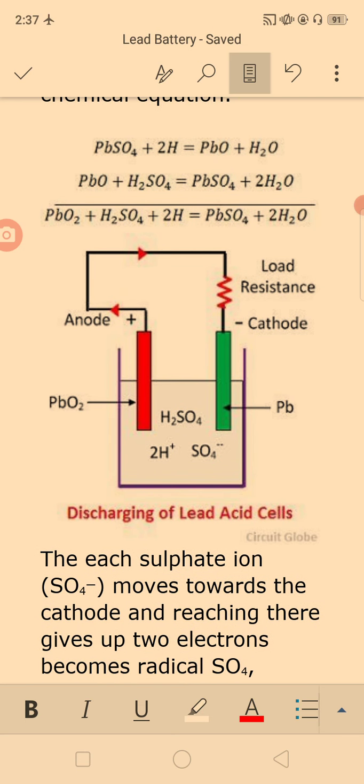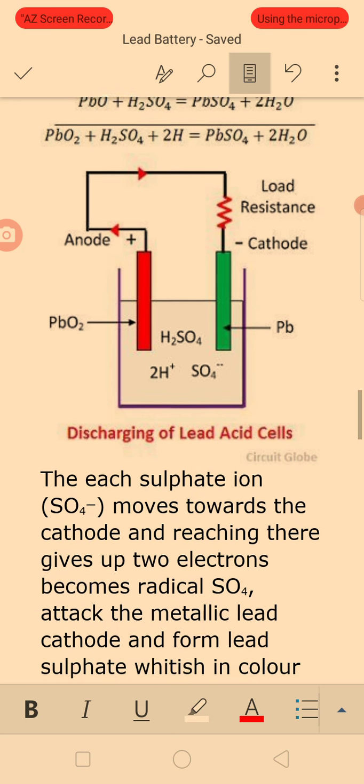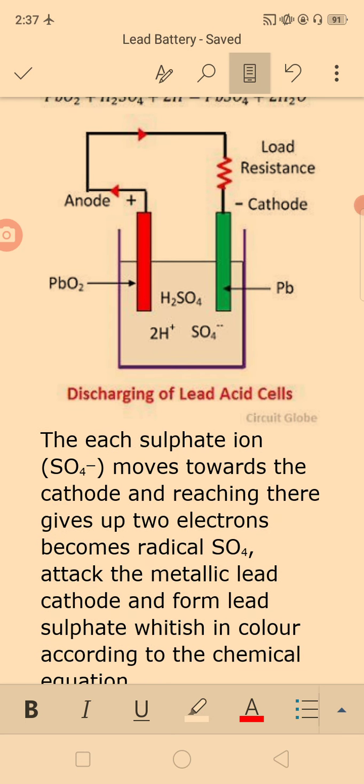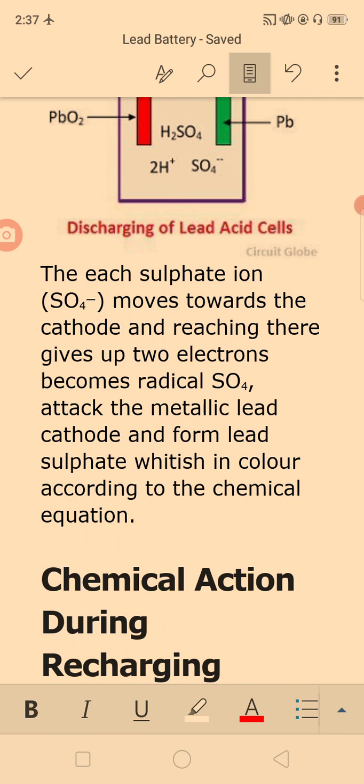And each sulfate ion moves toward the cathode, gives up two electrons and attacks the metallic lead to form lead sulfate, whitish in color, according to the chemical reaction.